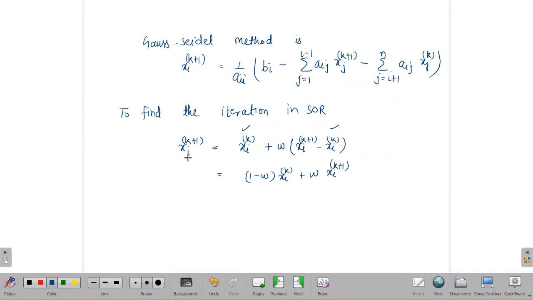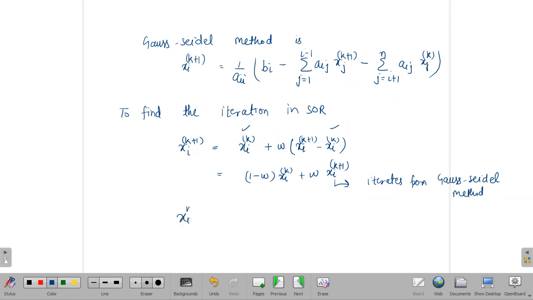Here you can see this x_i^(k+1) on the right-hand side is the iteration from Gauss-Seidel. We will pick all the components from the Gauss-Seidel on the right-hand side. Then that gives you the (k+1)th iteration of the SOR method.